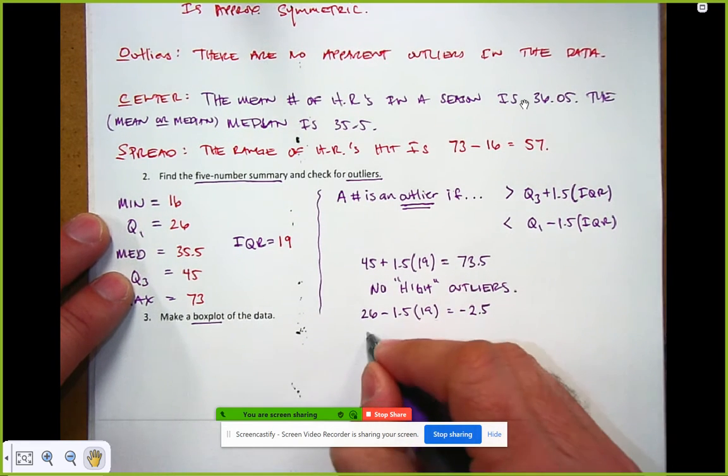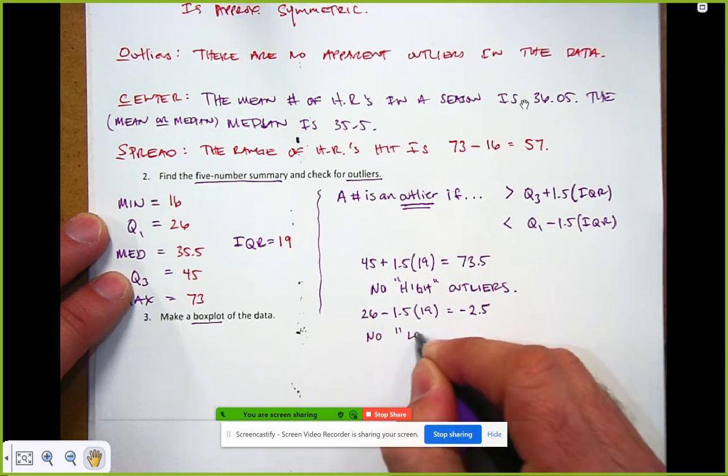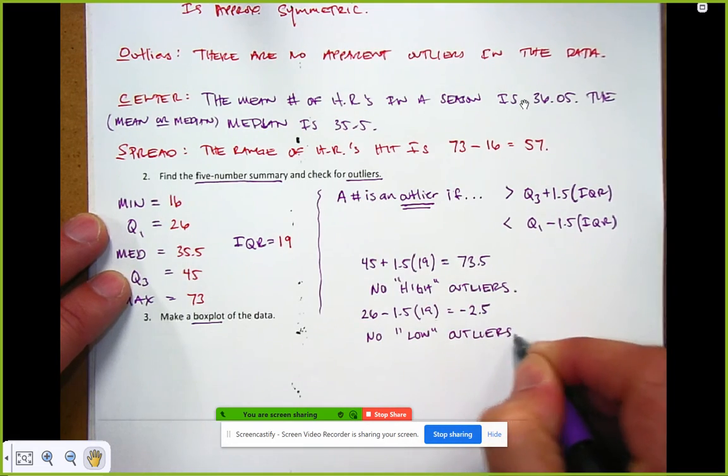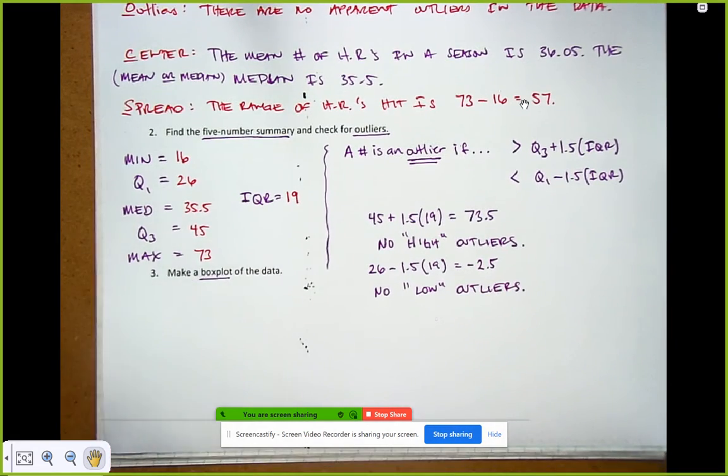And so you would say no low outliers. Okay? And that's what you guys have to write. On the quiz, you're going to have to show the work, and then make a statement. If he hit 75, you would say, yeah, 75 is an outlier since it's bigger than 73.5. You guys good on that?